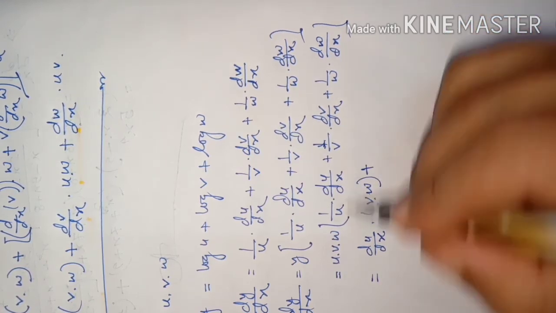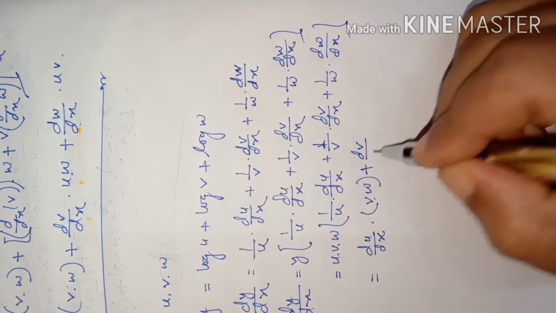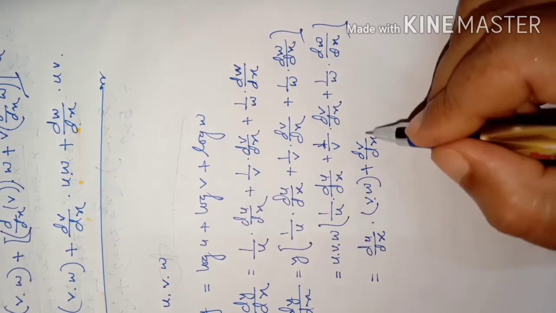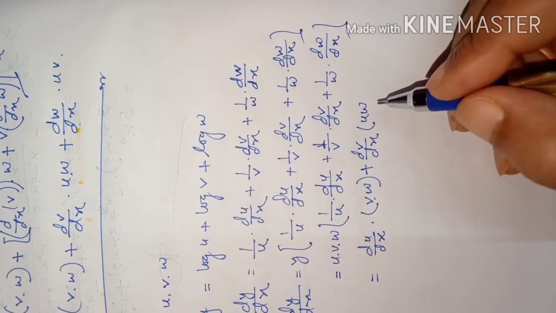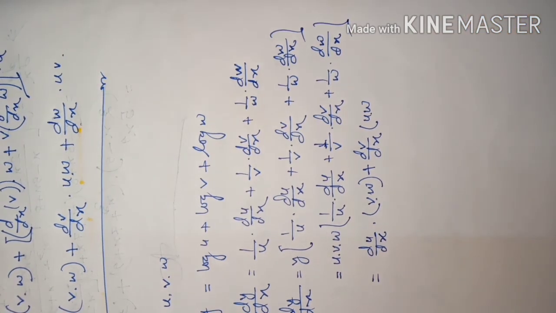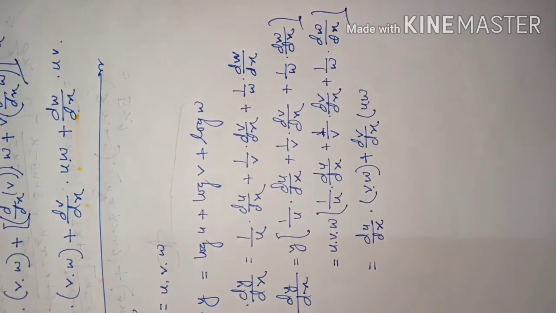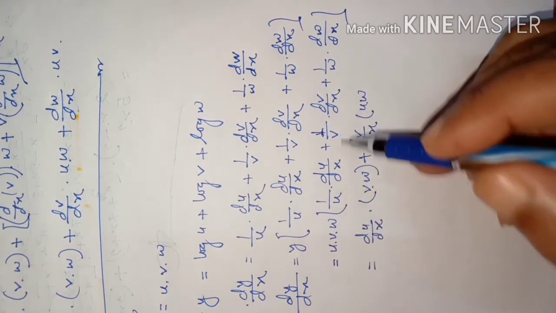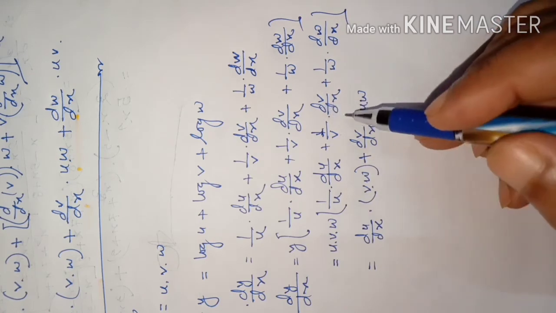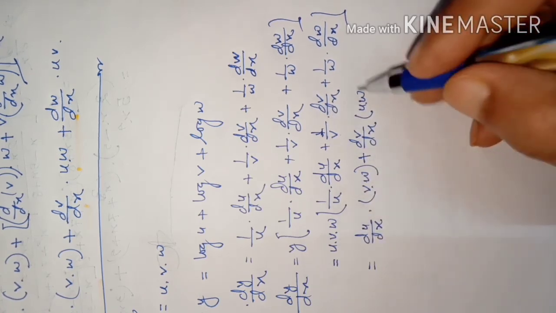Plus, v cancels next, so it will be dv by dx into u into w.